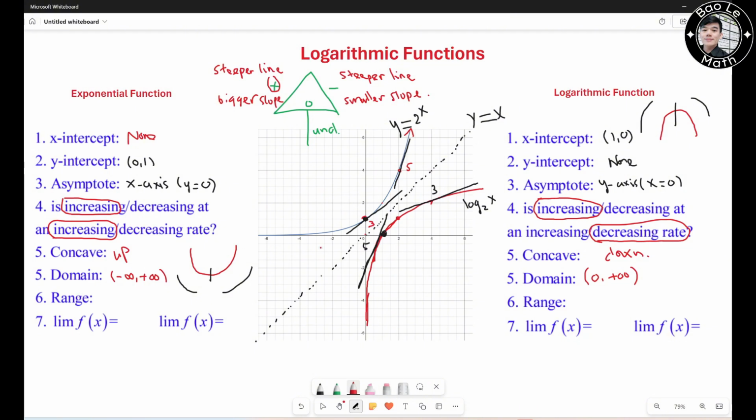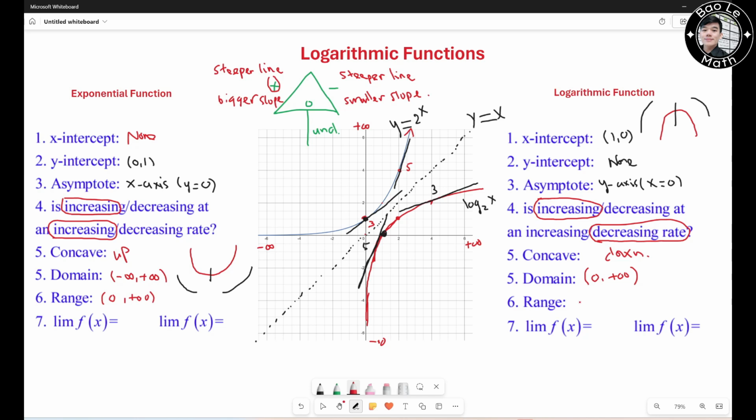Now the range, which means you look at the y-axis. You see that the function is always above the x-axis and never touches the x-axis. So the range should be from 0 all the way to positive infinity.